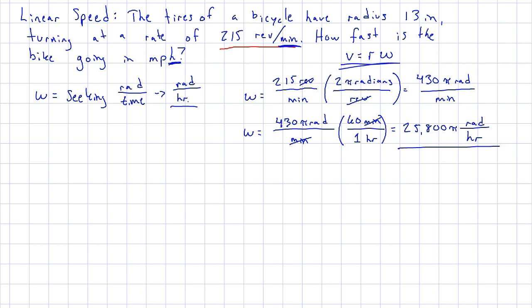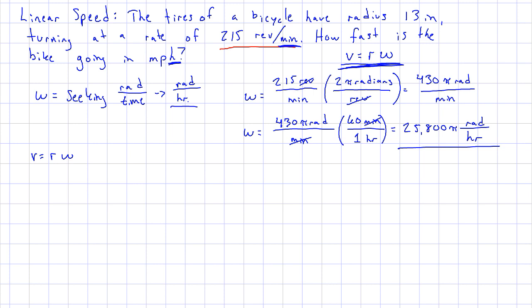Now I know what my radius is, and I should be able to find my linear speed. So let's go ahead and do the next step. I'm going to use this omega, this angular velocity, in the next step. So V equals R times omega. The radius is 13 inches, right?